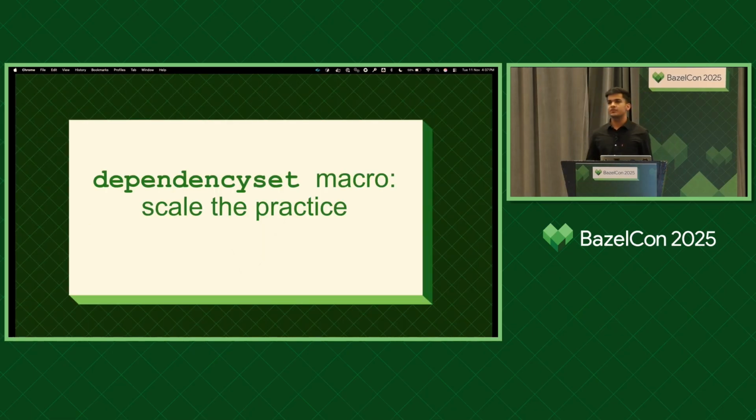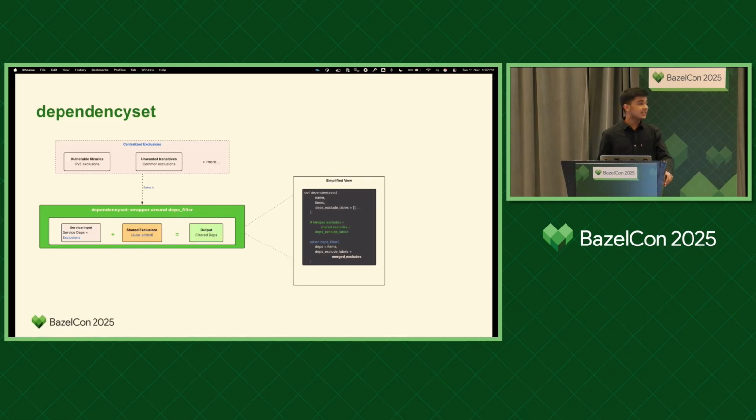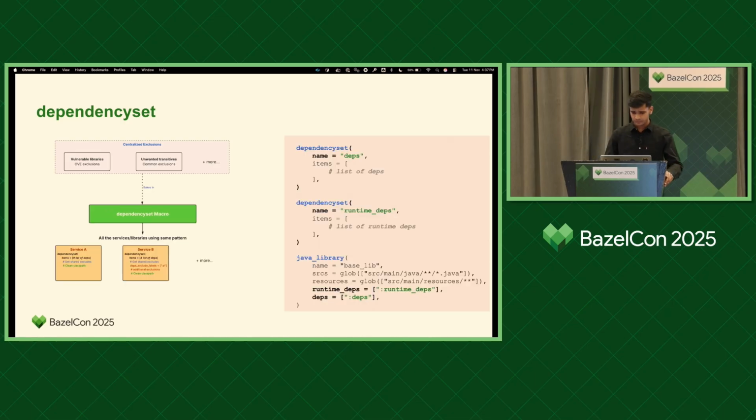Now this worked well at the package level, but we wanted a shared set of exclusions to be applied for all the services. So we created a macro called Dependencyset. It's a wrapper around deps filter, plus it has shared exclusions like those can be vulnerable jars or unwanted transitives.